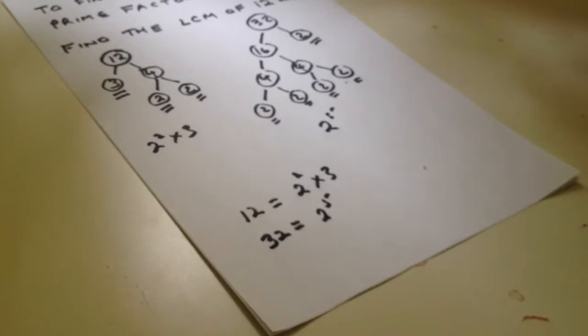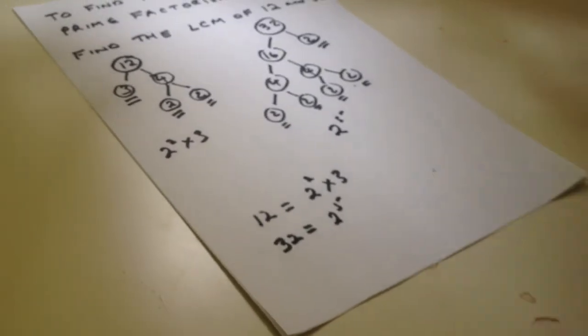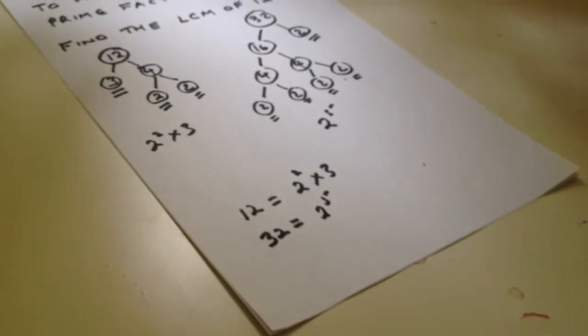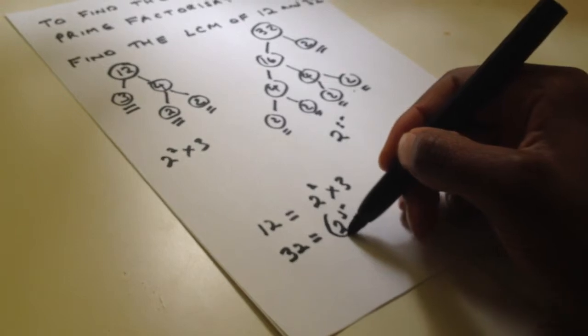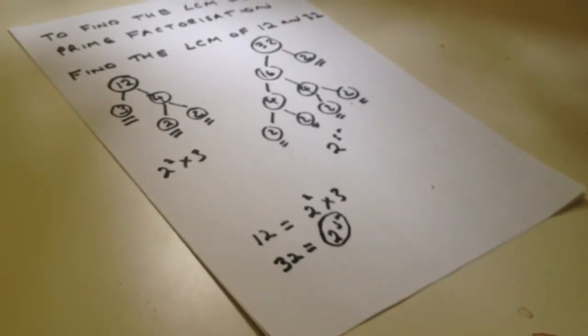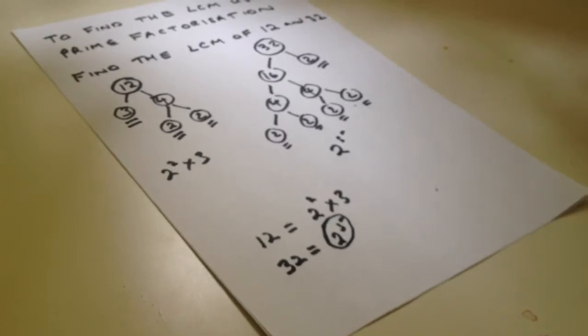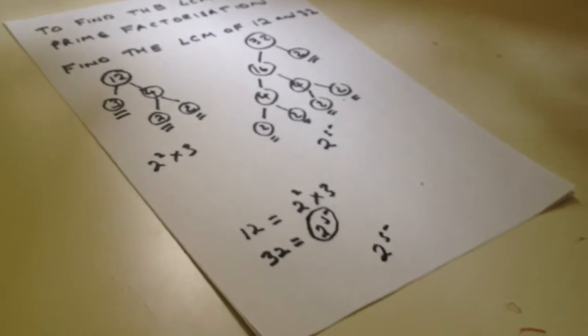Now what I do is I look at the index notation for 12 and the index notation for 32, and I simply circle, as far as the powers of 2 are concerned, the highest, which would give me 2 to the power of 5.